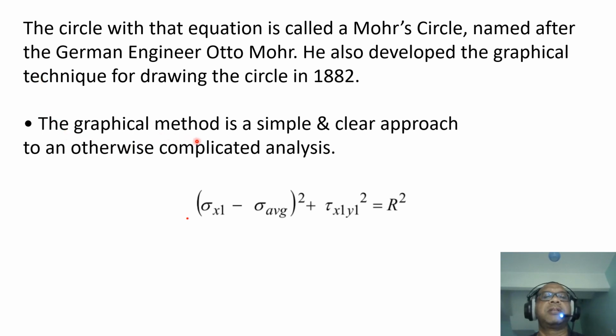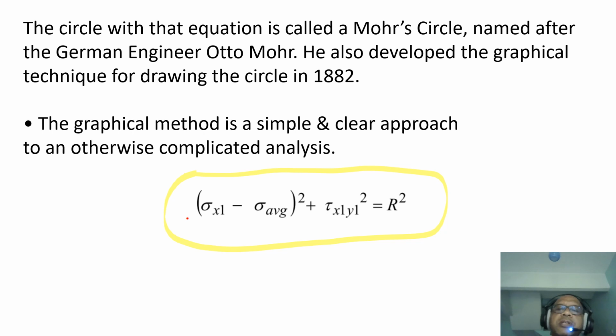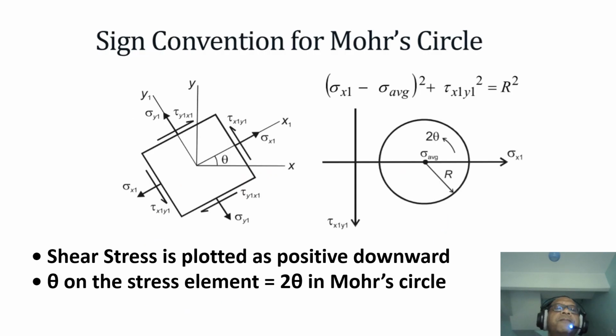The graphical method is a simple and clear approach to an otherwise complicated analysis. It has been around for some time, and people found that it's easier to understand plane stress transformation using this Mohr circle. Why do you call it the Mohr circle? Because it is similar to the equation of a circle in the xy coordinates.